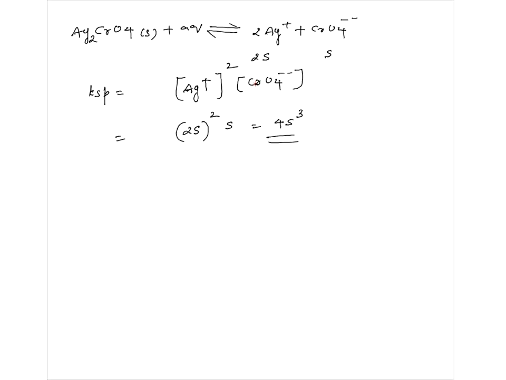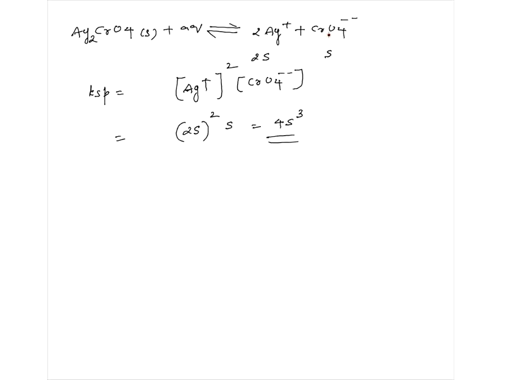You can always multiply ion concentrations and you can get more than Ksp, less than Ksp, or equal to Ksp. So if you get too little Ag plus and too little CrO4 minus ions, such that this is less than Ksp of this fellow, then it won't like to form. Because these concentrations are so small that this fellow is not formed. No precipitation, if they are in very dilute concentration.